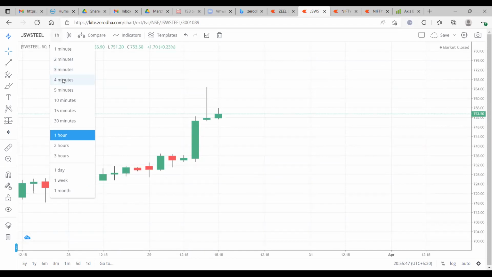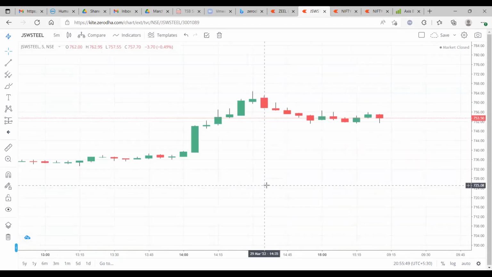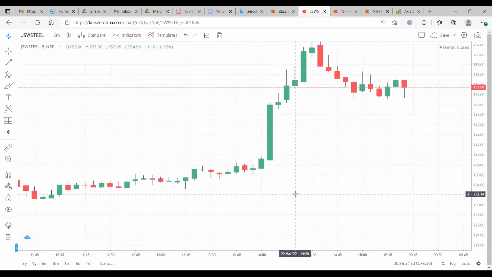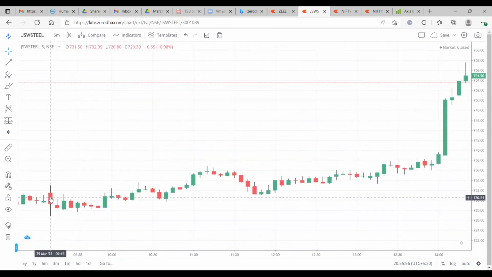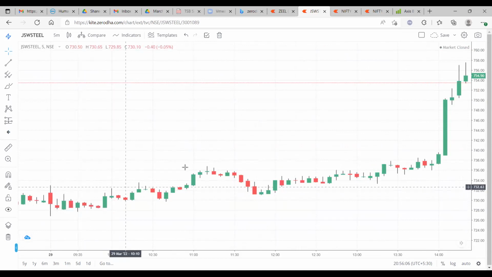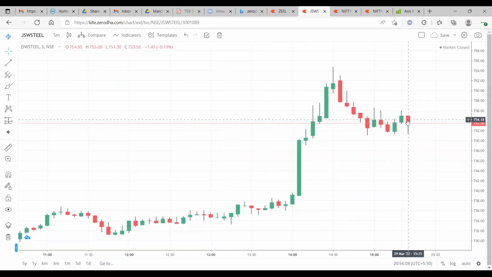Now let's go to 5 minutes. You will get more candles if we select 5 minutes, isn't it? Because it's a shorter time frame. So 29th, which starts from here, first candle, 9:15 to 9:20, 9:20 to 9:25, 9:25 to 9:30, 9:30 to 9:35, goes on like this till the last candle, which is 3:25 to 3:30.